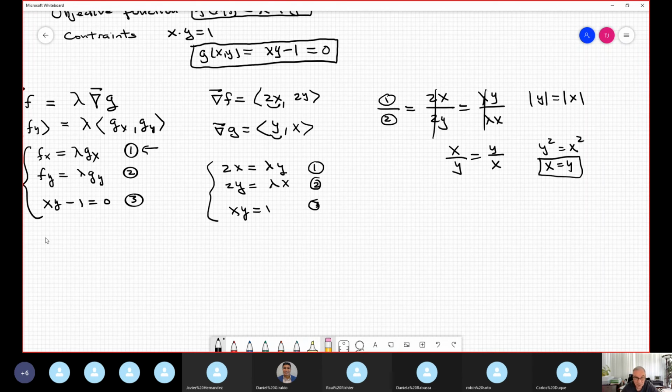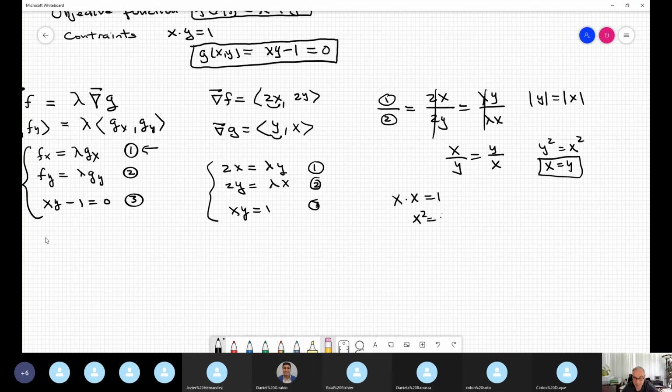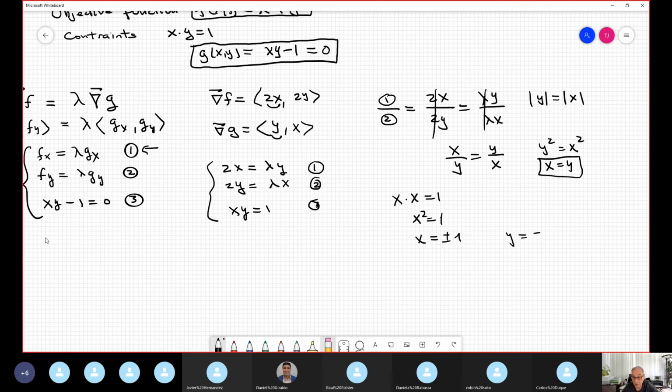Now I come back to equation 3, which I never used. So x and y are the same, so x squared equals 1. Apply the square root to both sides. Then x is equal to plus or minus 1. And y is also plus or minus 1 because it's the same, no? The absolute value.